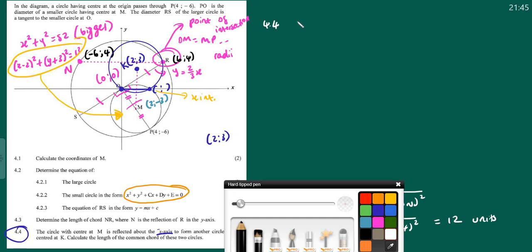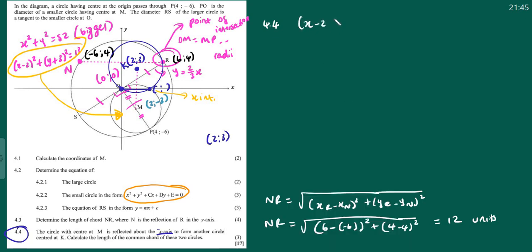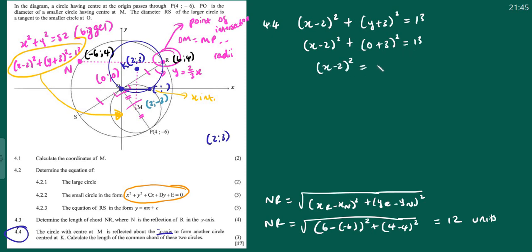We can simply say, since we have x minus 2 all squared plus y plus 3 all squared equals 13, for the x-intercept we let y be 0. So 0 plus 3 all squared. Then x minus 2 all squared is equal to 13 minus 9, which gives you 4.